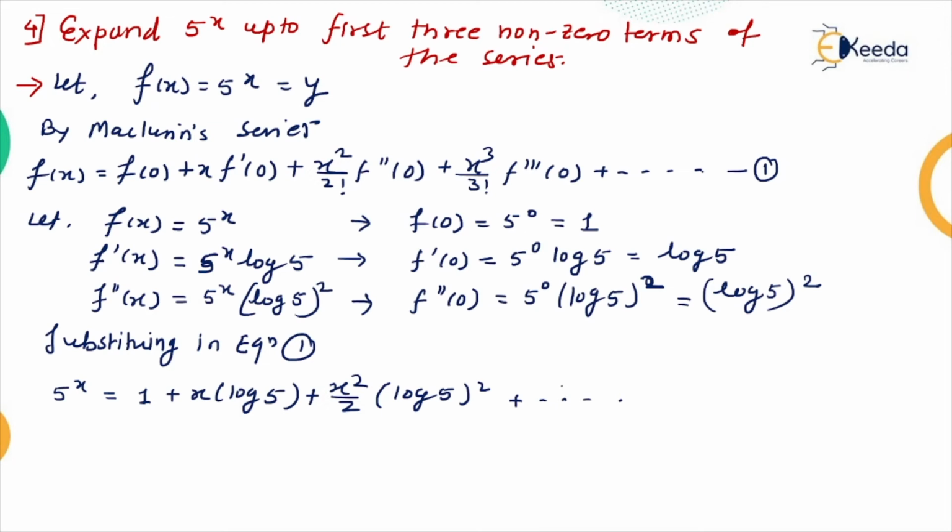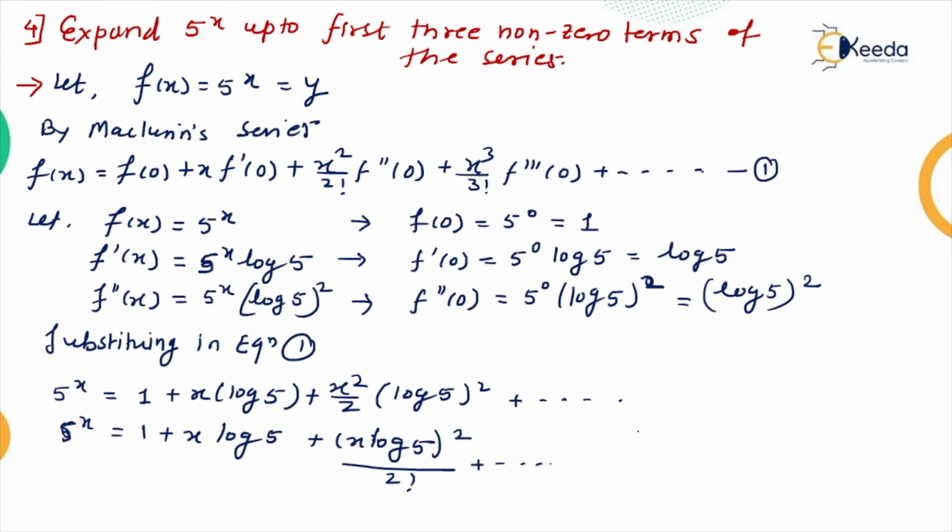So clearly, you know very well this can also be written as 5 raised to x equals 1 plus x into log 5, plus x into log 5 in brackets squared divided by 2 factorial, plus and so on. This is called the exponential series expansion, or the expansion of 5 raised to x.